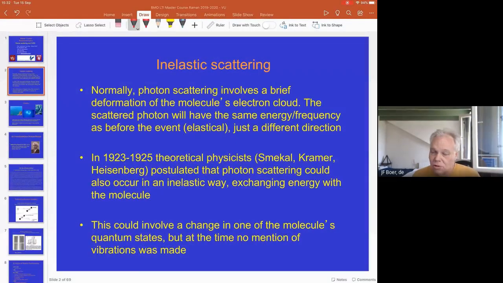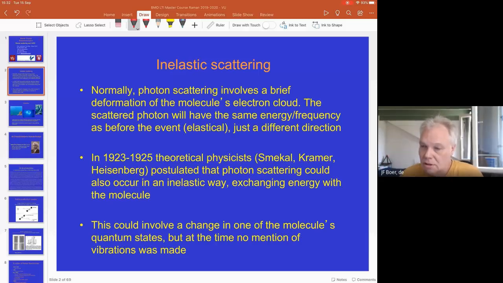So the normal scattering process involves a photon, an electromagnetic wave, that interacts with the electron cloud around a molecule, and because it's an electrical field, it exerts a force on this electron cloud and actually puts them into motion. So this electron cloud starts to move, shake around its equilibrium position.